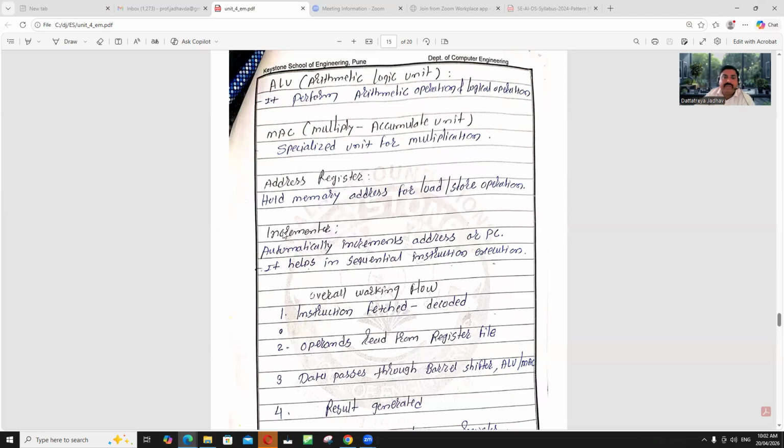After that, we go with the incrementer, which automatically increments the addresses or program counter for the execution of the next program and next task. It helps in sequential instruction execution.